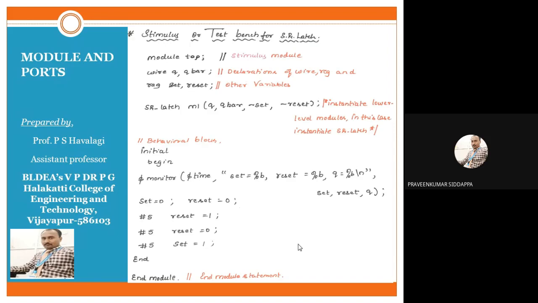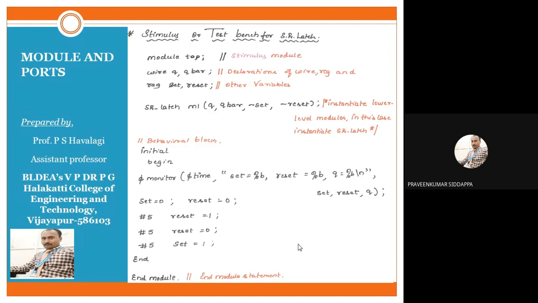Next, whenever we are writing the test bench, in the code we are writing input and output. We are doing the initialization of input and output. Which inputs are there in your code?